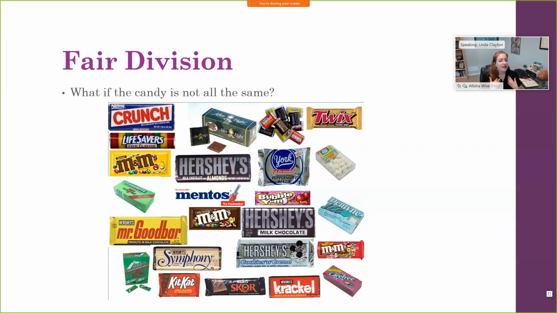Like, I'm not a chocolate person. I'd probably like the Dentyne Ice and Tic Tacs, you know. If you're a chocolate person, you want that. So the idea is that not everything's equal, right?